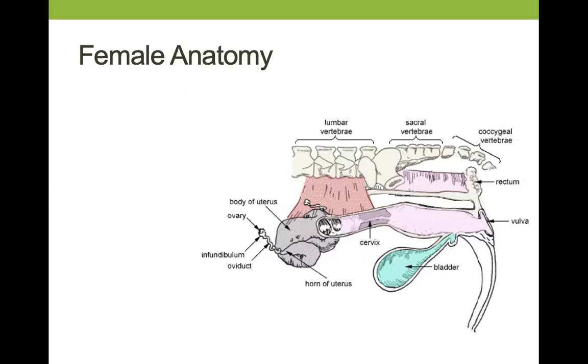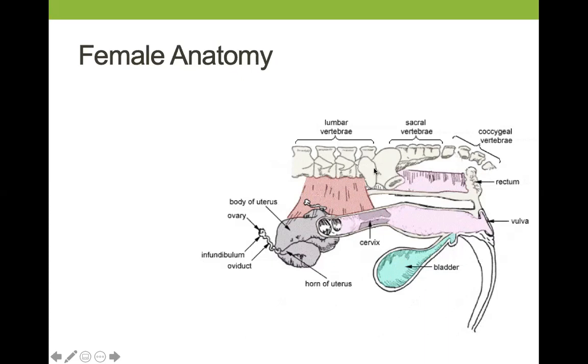This is especially true in larger species like cattle, because we can actually reach into the rectum and feel that reproductive structure underneath. All right, so this is how we AI, this is how we check for pregnancy, this is how we look at the ovaries and make sure the ovaries are healthy. The reason we're able to do this is because of the physical layout.